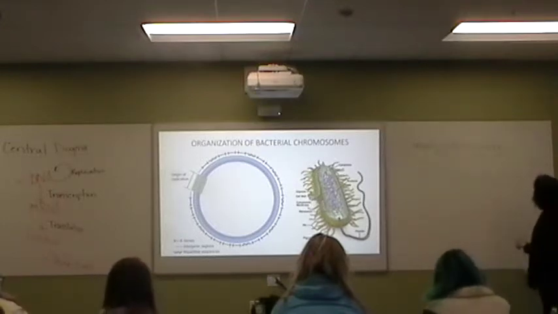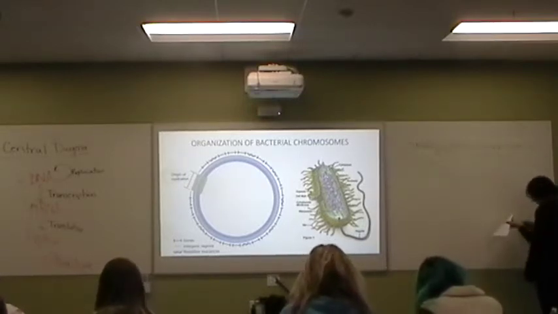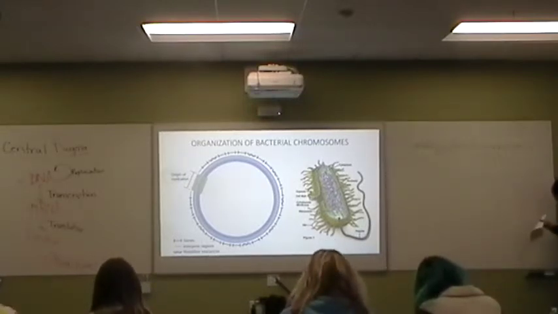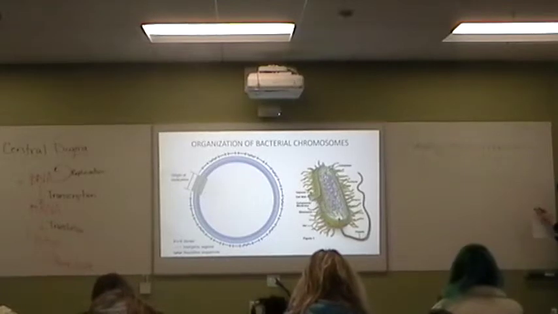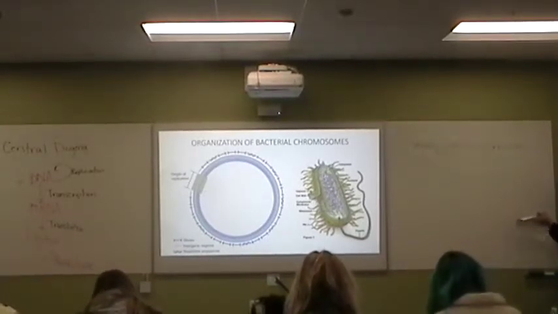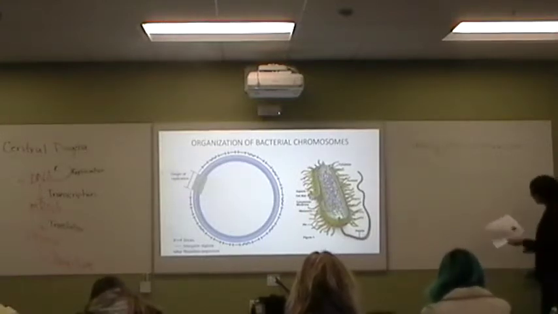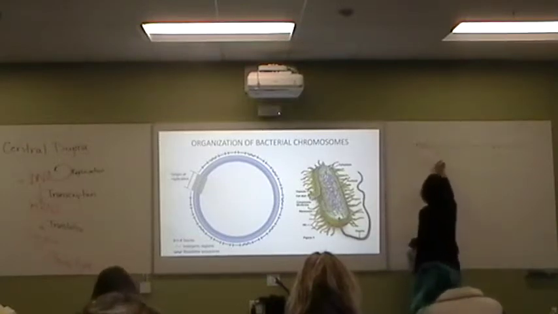Circular chromosomes. Okay, usually they just have one chromosome.